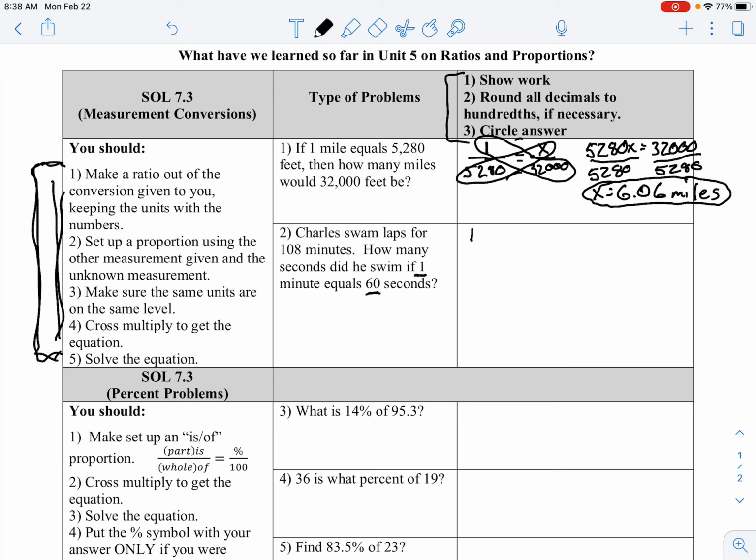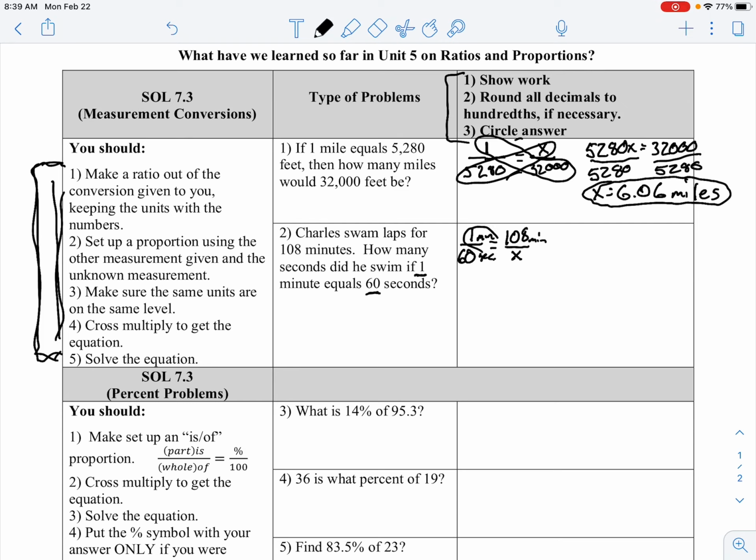We've got 1 minute to 60 seconds is equal to, all right, so we had minutes on top, and seconds on the bottom. So we're setting up a new ratio. I know the minutes here, so I will put 108 minutes on top. And I want to know how many seconds that is. I'm not sure, so I need to put an x there.